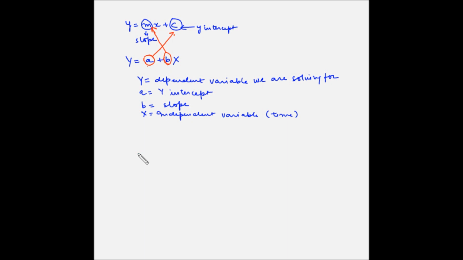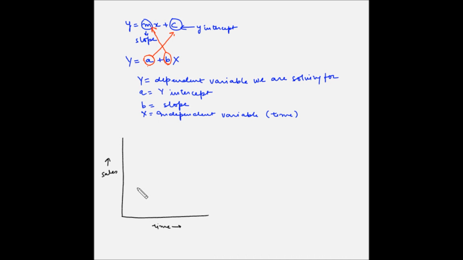So basically, if we plot the sales figures for the data that has been given to us, then the graph will look something like this. Let's say time is on the x-axis, because x-axis is the independent variable, which is time, and y-axis is the dependent variable, so this will be sales.